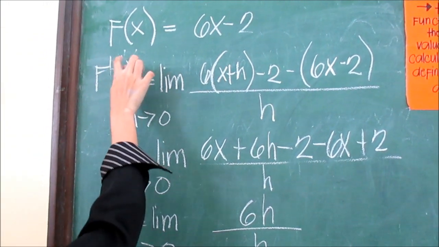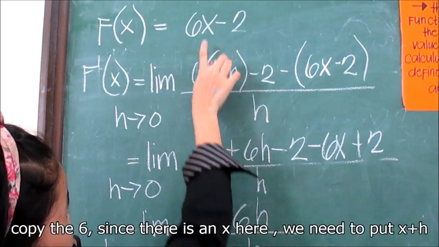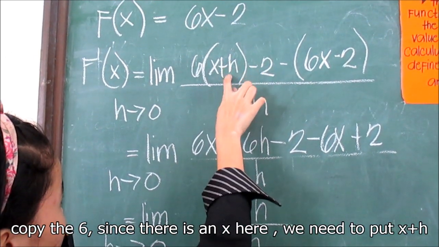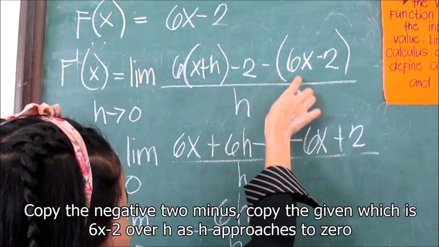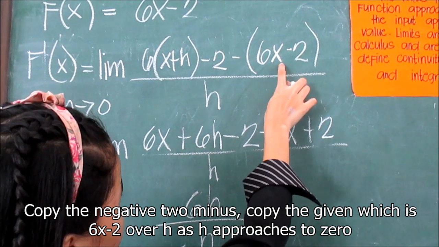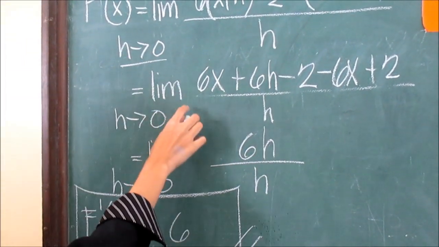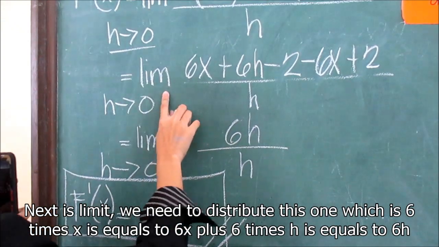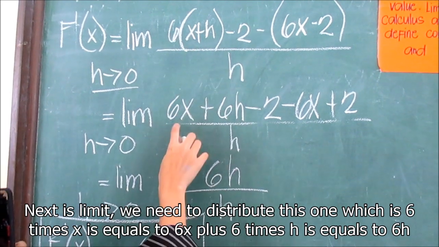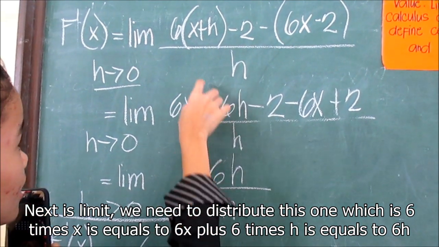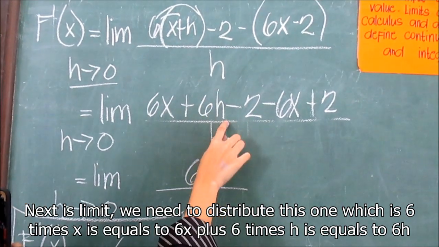So f prime of x is equal to the limit, copy the 6. Since there is an x here, we need to put plus h. So copy the negative 2 minus, copy the given which is 6x minus 2 over h as h approaches 0. Next is the limit. We need to distribute this one, which is 6 times x equals 6x plus 6 times h equals 6h.